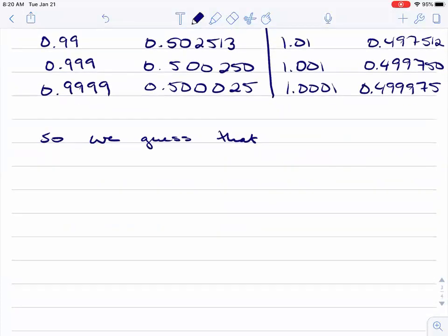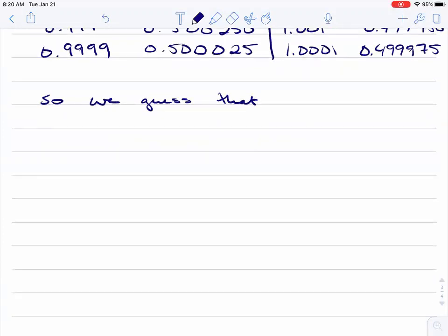And we'll see later, because like I said last day, I don't like just picking random numbers, because sometimes it's not going to work. But it's where we start. So we guess that the limit as x approaches 1 of x minus 1 over x squared minus 1 is 0.5.